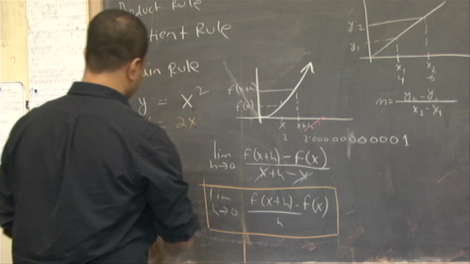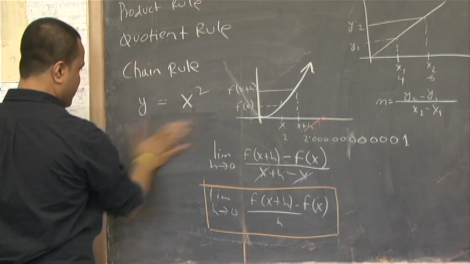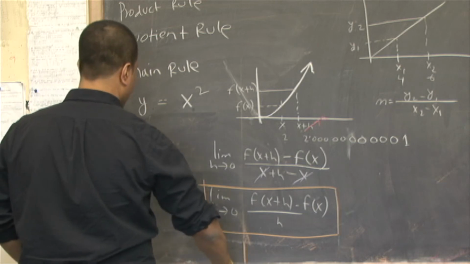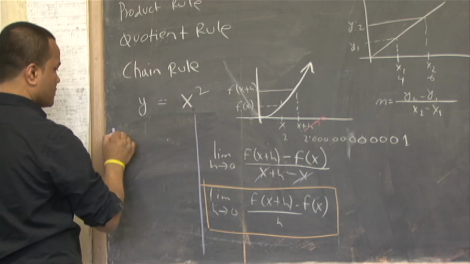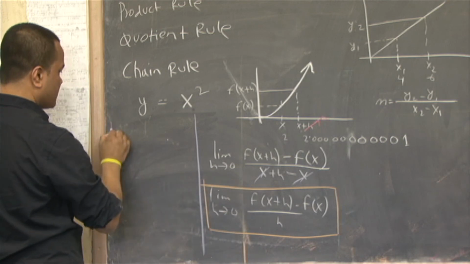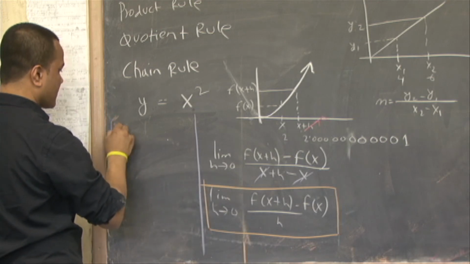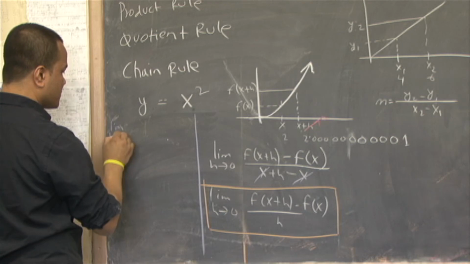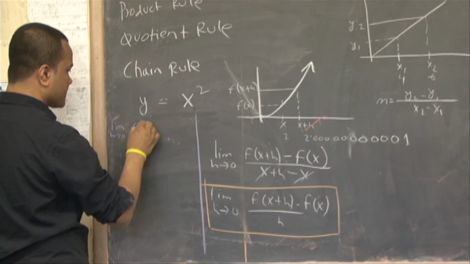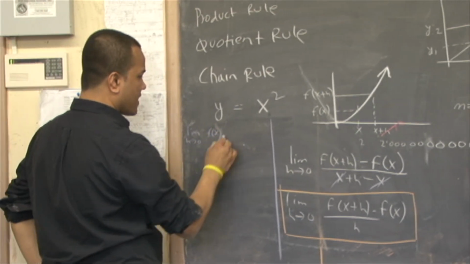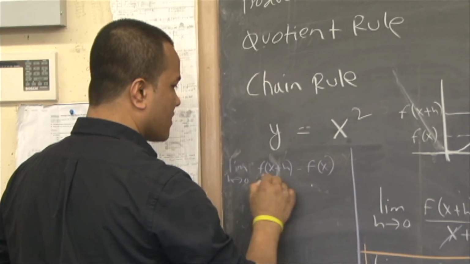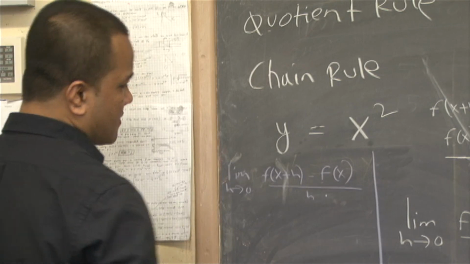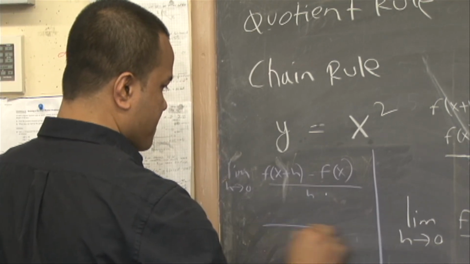All right, so let's do it here. I think we have enough space over here. So what is the problem? Limit as h goes to 0 of f of x plus h minus f of x over h. So now what can we do?